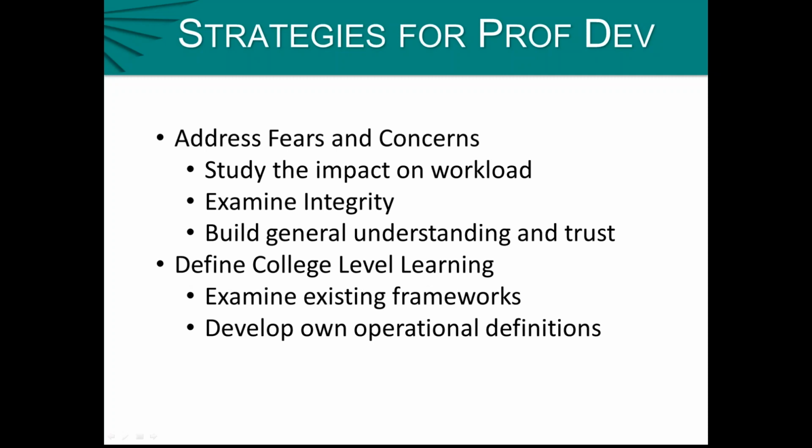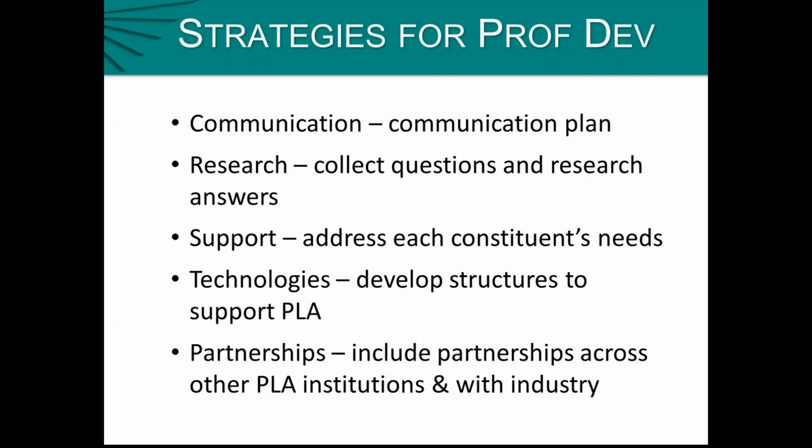The last slide talks about some of the strategies that were developed from the workshop, and these are just some of the themes that came out of it. But really looking at a communication plan around PLA, and there are lots of little suggestions in the manual about what could be in that and the ways of doing it.